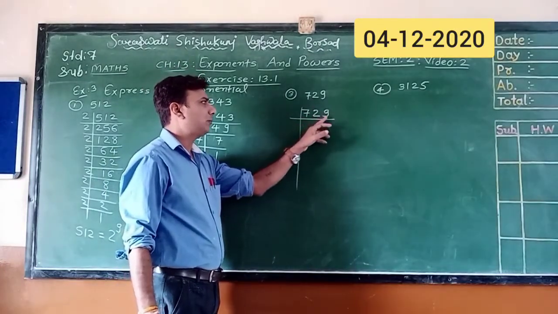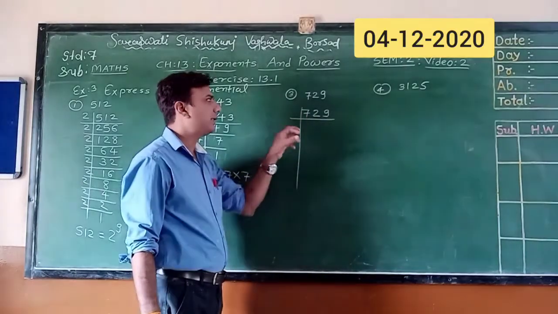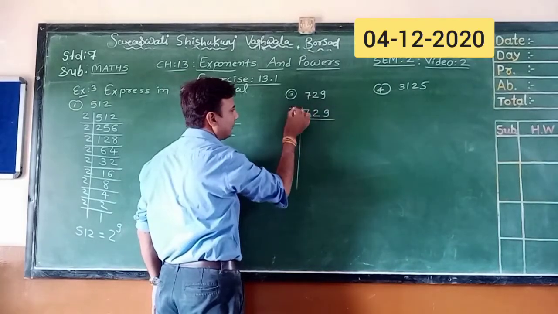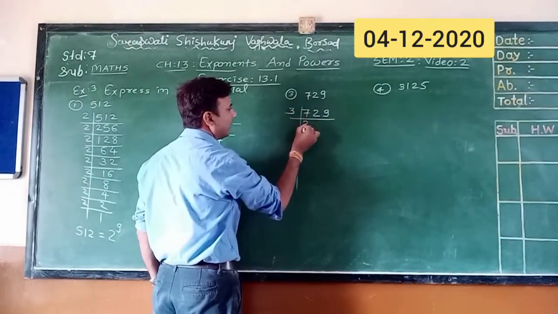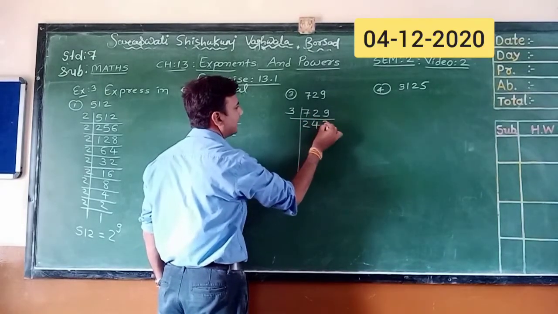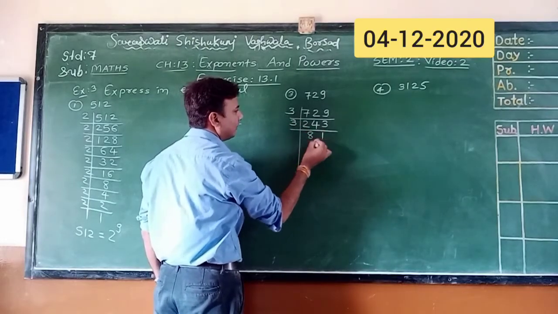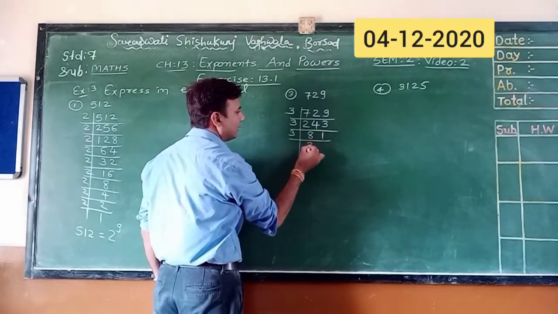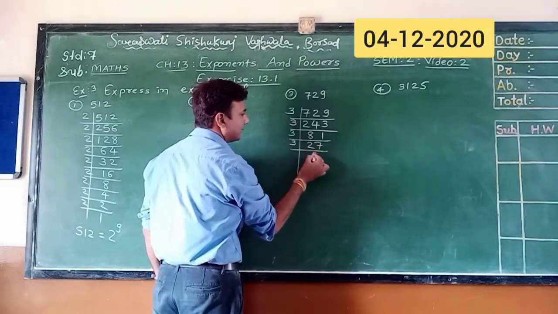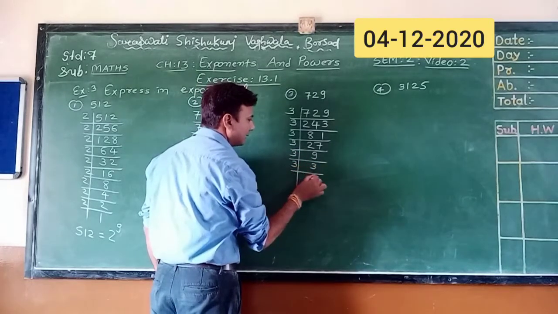Otherwise 9 plus 2 is 11 plus 7 is 18, and 18 is divisible by 3, so this number can be divided by 3. 3 twos are 6, 3 fours are 12, 3 threes are 9, 3 eights are 24, and so on until we reach 1.